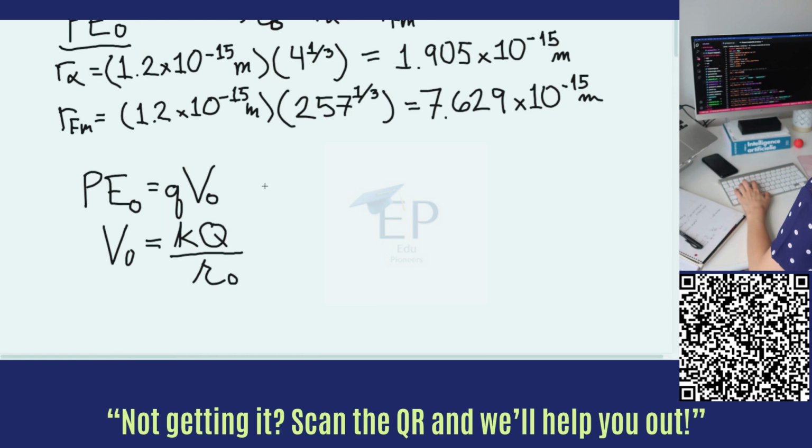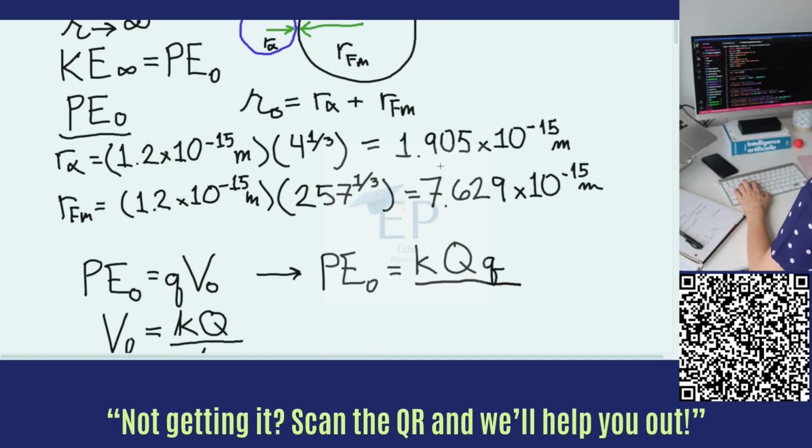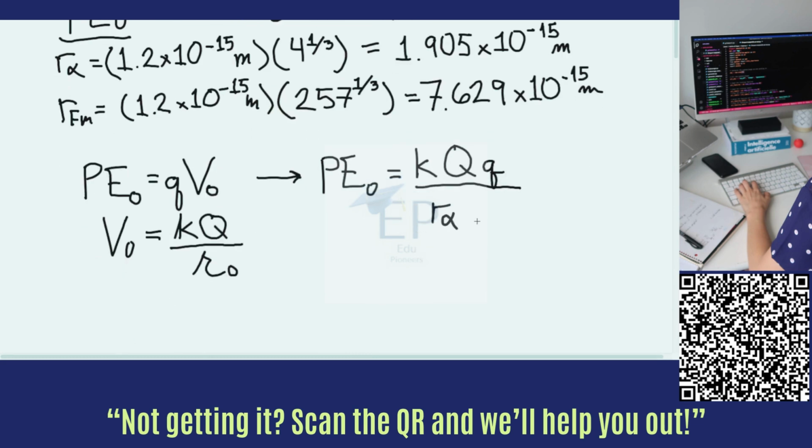From this, we can rewrite the equation, rather, that the initial potential energy is this proportionality constant, we'll get into that in a second, times the charge of the big particle, the Fermi atom, times the charge of the alpha particle over the distance separating their centers, which we're going to write here as R sub alpha plus R sub Fermi atom.